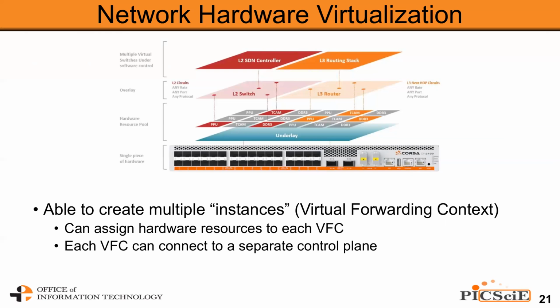Depending on the VFC type, you can assign different hardware resources, like this much memory, et cetera. So it's quite versatile and flexible, and each VFC can connect to a separate controller if you want.